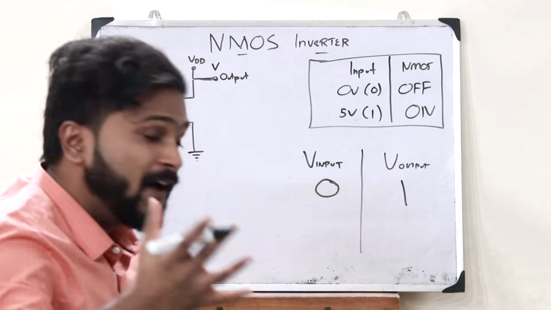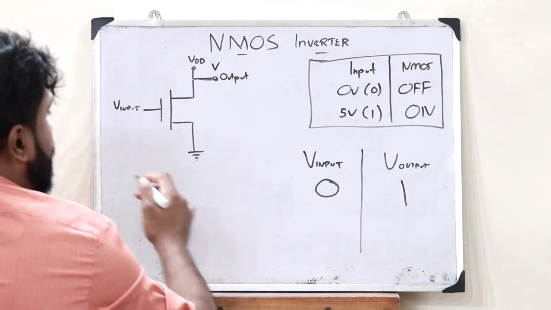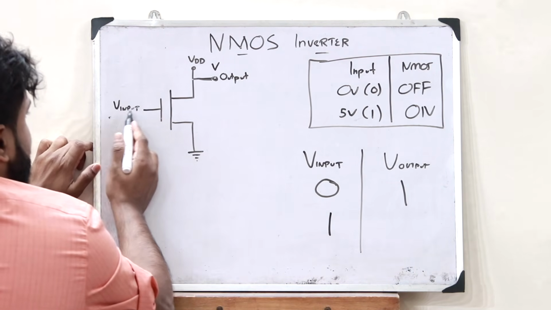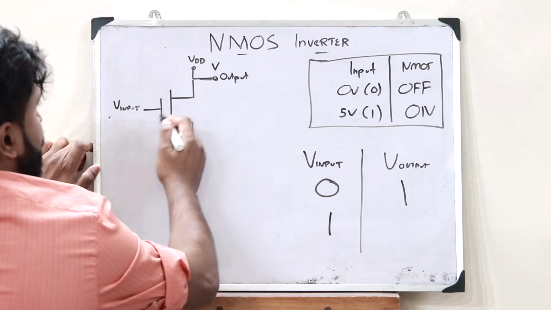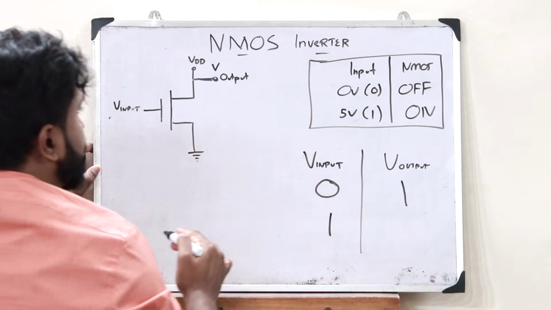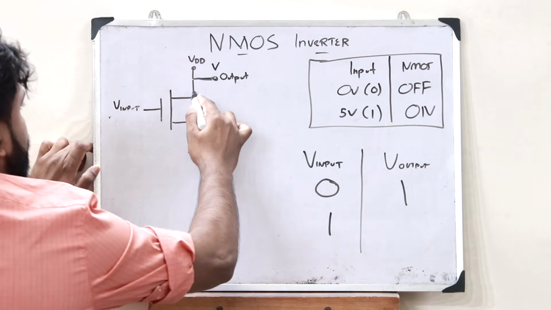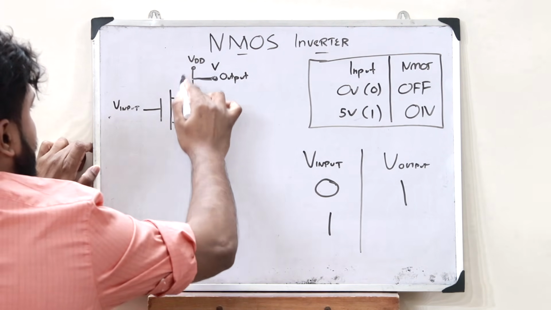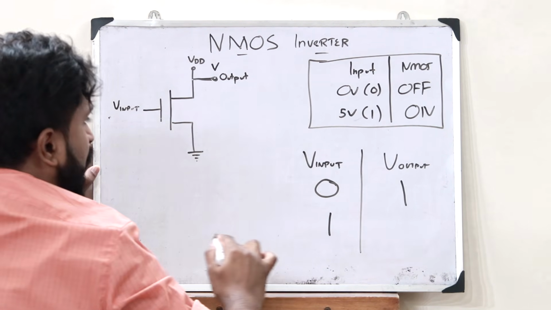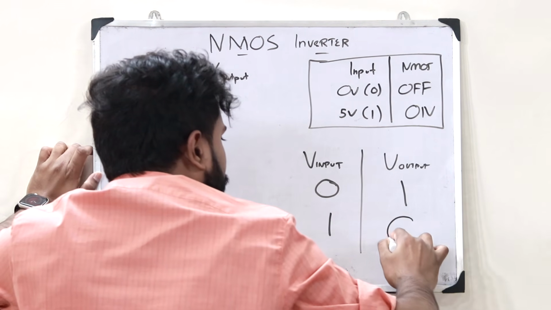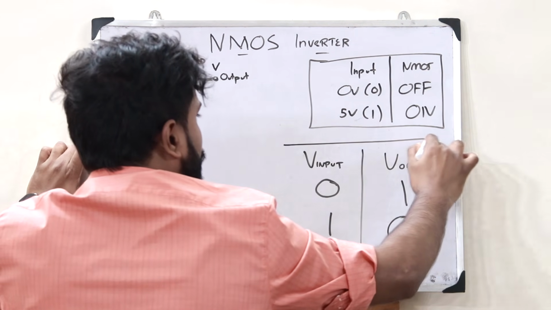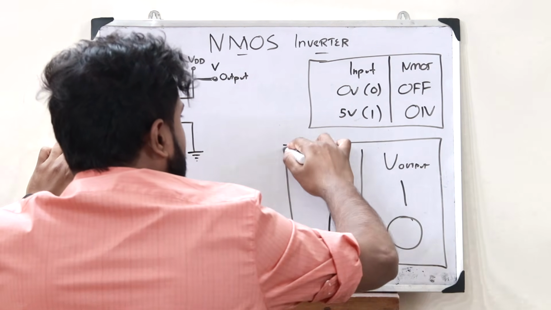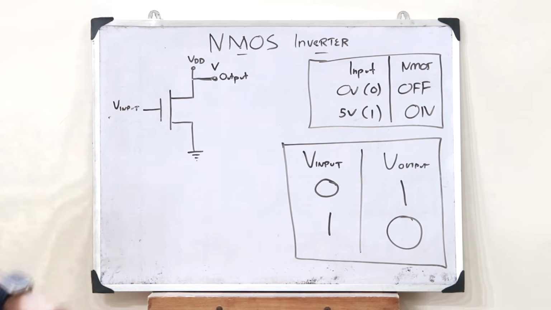But if you're giving an input of 1, then this switch is in the on condition. Whatever voltage comes over here goes straight to the drain. Nothing comes to the output, and therefore the output voltage is 0. So this is the output for the corresponding inputs of this NMOS inverter.